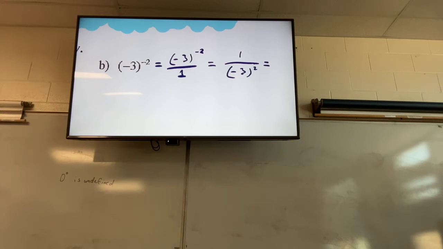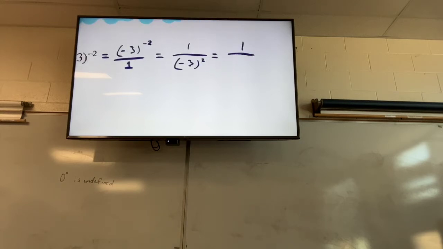Parentheses squared, that's 1 over negative 3 times negative 3, which is 1 over 9. There you go.